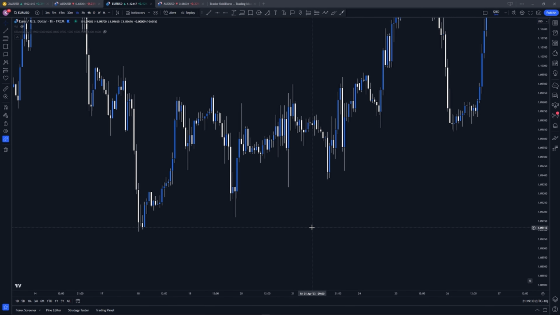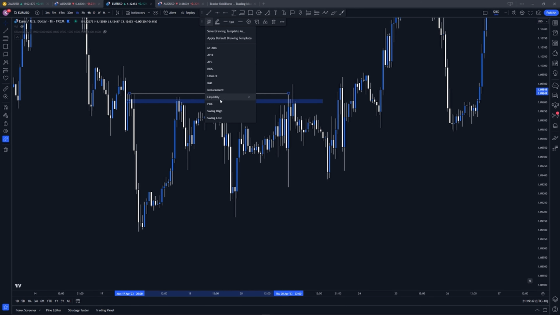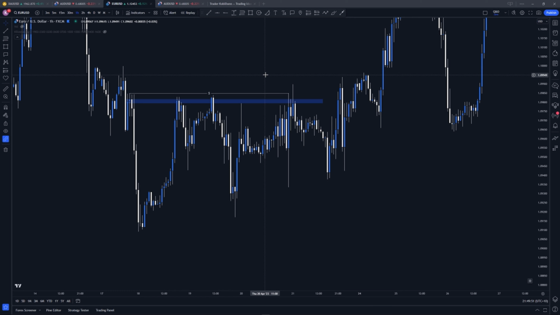All right, so with this market here, as you can see, we are trading sideways, rejecting a lot of resistance levels. So what you can do is mark these resistance levels if you want. But what we want to do to identify these equal highs is we want to find wick highs. So mark from wick to wick, mark that as our liquidity.